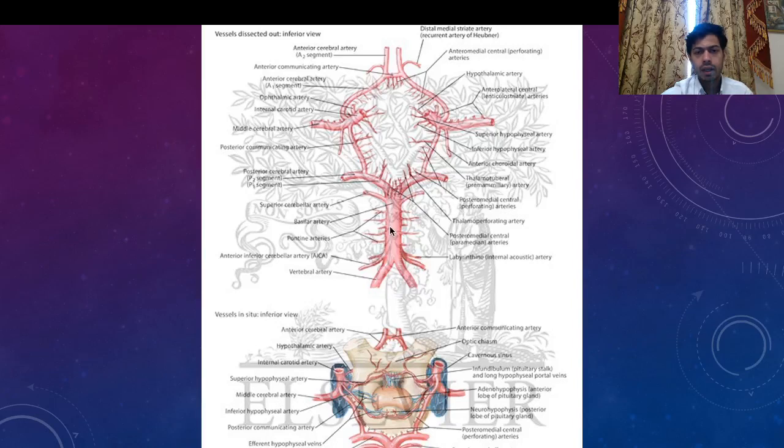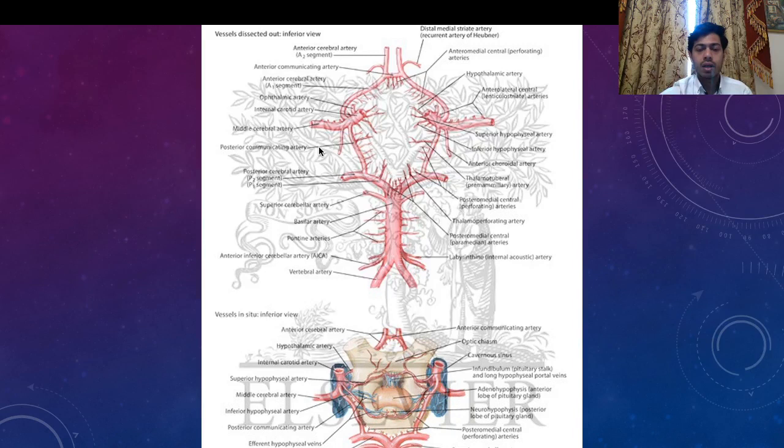Then you will be having branches to the superior aspect of the cerebellum, so you have the superior cerebellar artery, and then you can also sometimes get branches or collaterals, which are perforating arteries in the posterior medial part of the brain. And you can sometimes get collaterals, which are here, you can see. And then you get to one of the three main branches of the circle of Willis here.